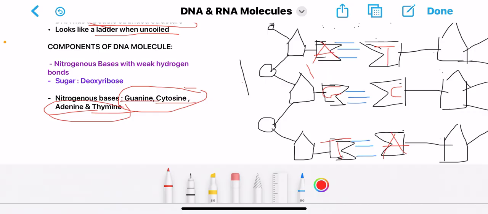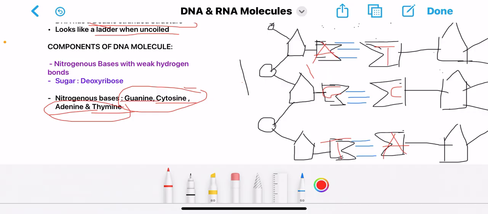But adenine and thymine are only paired together in what? In DNA, because in DNA we have thymine, but in RNA we don't have thymine; we have uracil in the place of thymine.